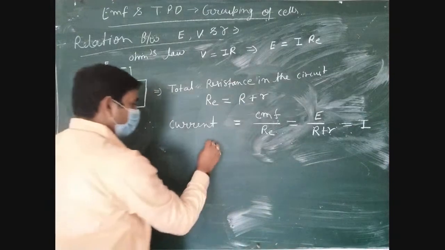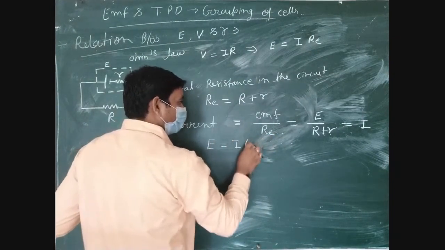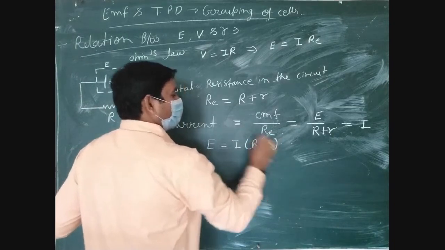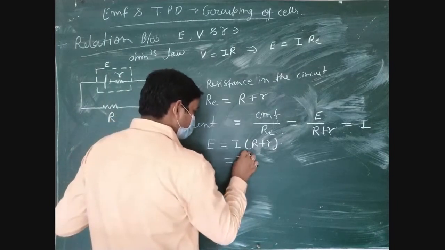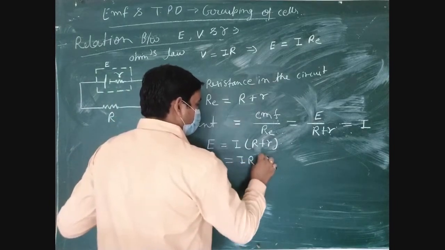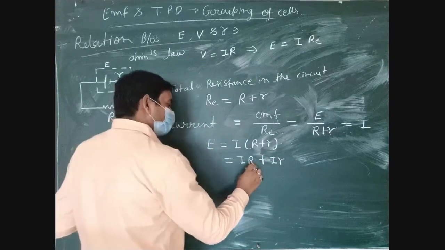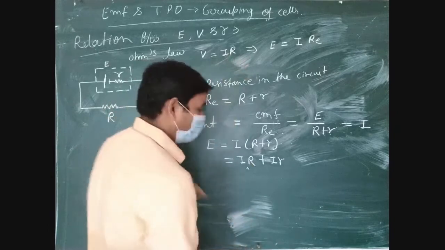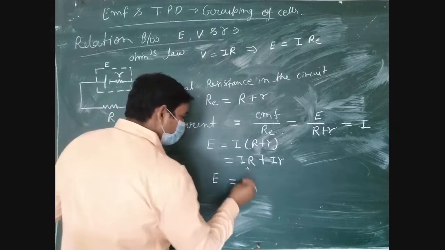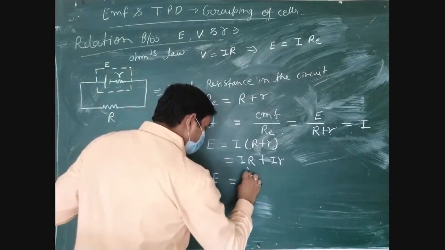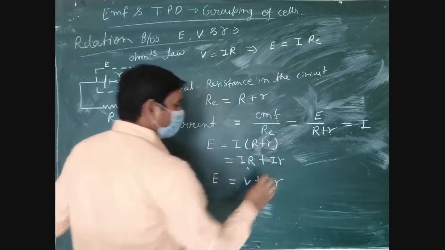Now calculate the result for EMF. E is equal to I(R plus small r). When you multiply it inside, you get IR plus I small r. You know IR is equal to V. Therefore, E is equal to V plus Ir.